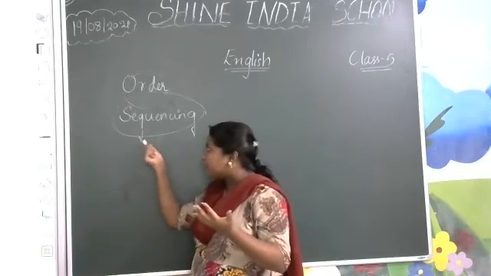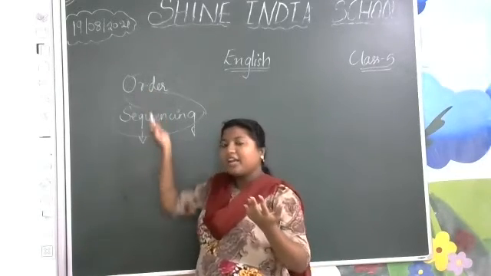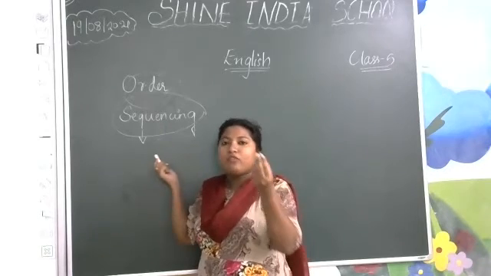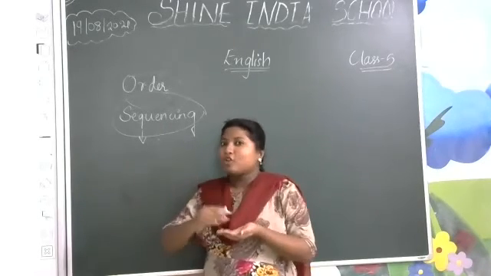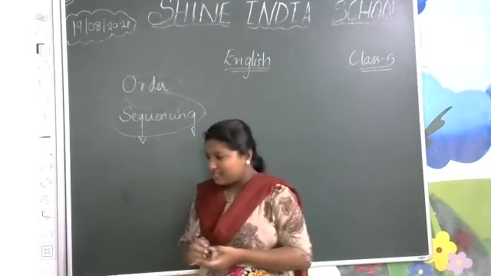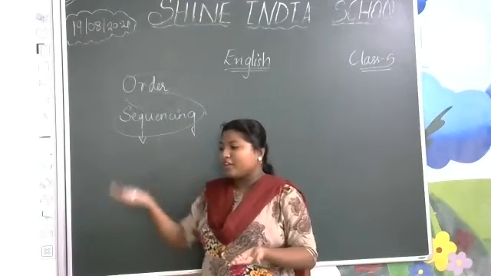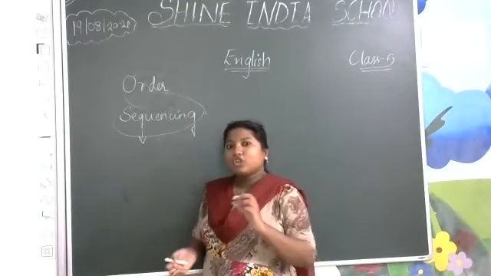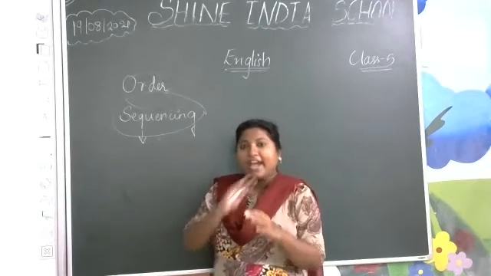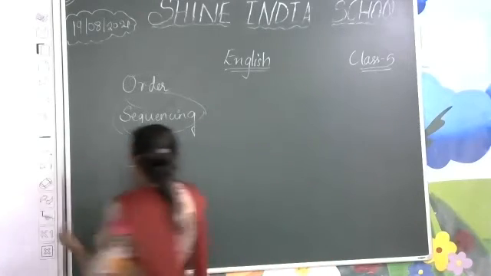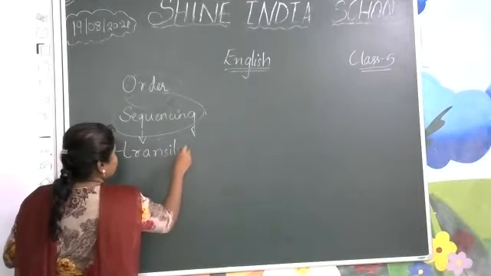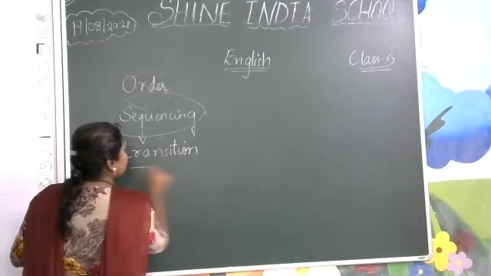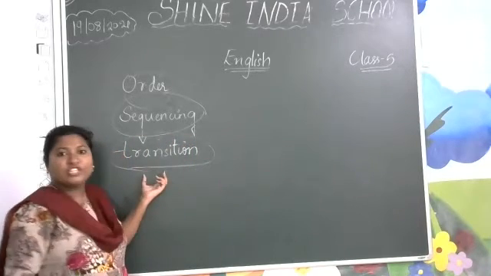So first and second and third and fourth classes, they gave you those words only. In fifth class, because you became a little bigger, your class also became one step bigger. So they have added some more words and changed the name. What is it? Transition. It is one more new word you should learn.